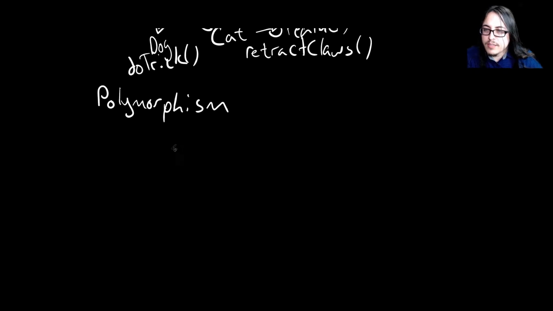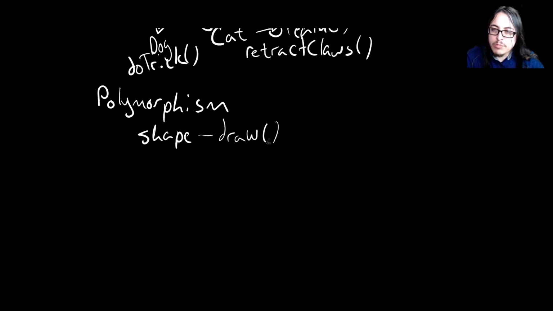Polymorphism builds on this concept of inheritance. If you look at a shape, this is a general idea, and every shape has some way to draw it.